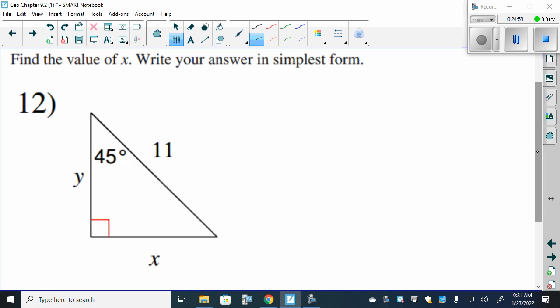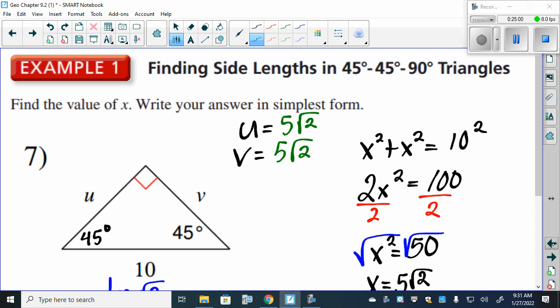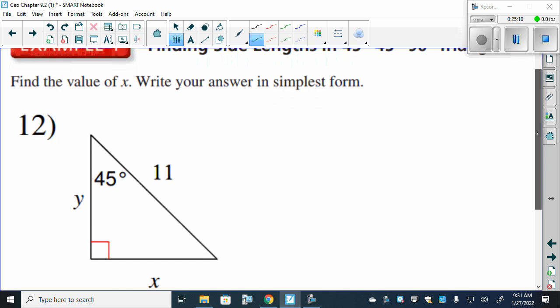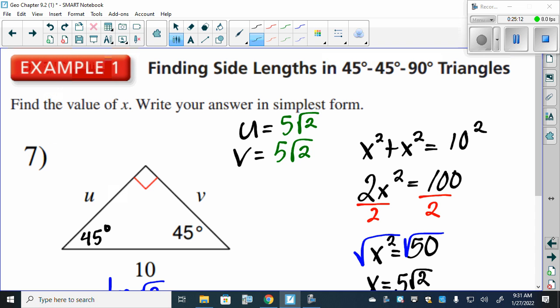So I think we're on number 5. Okay, so we're here. All right. It's the same thing, but the shape's just flipped.